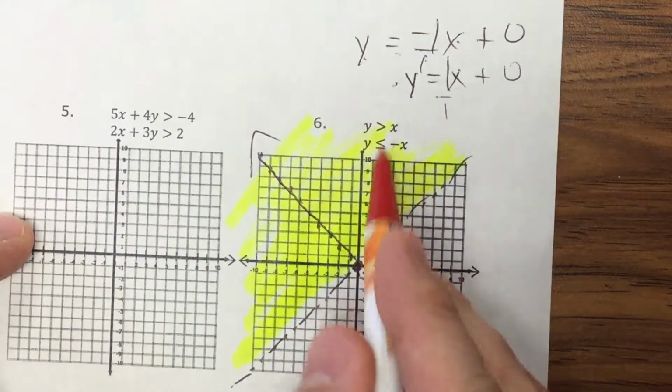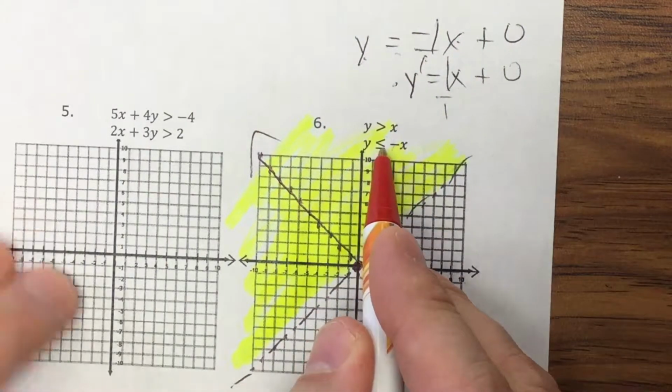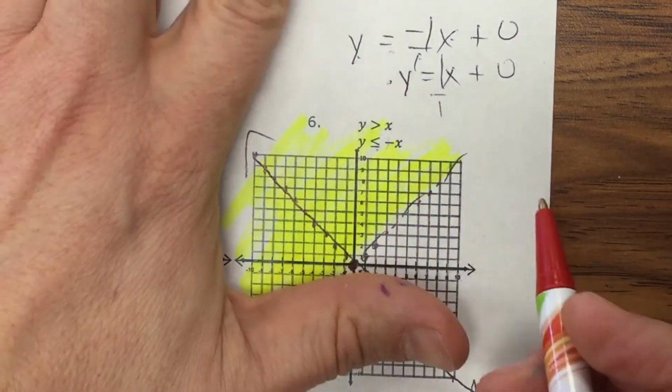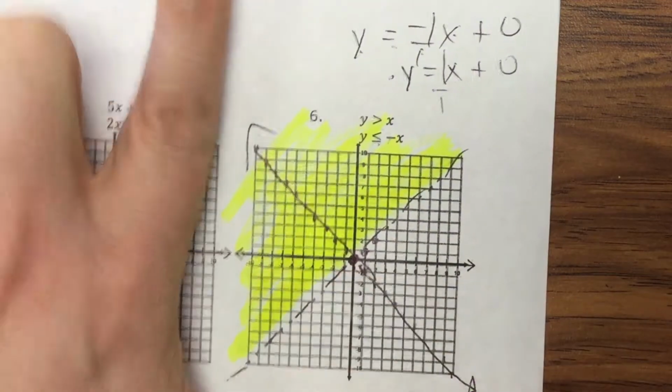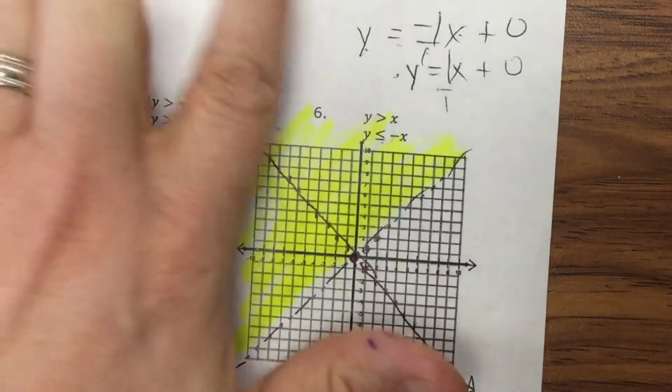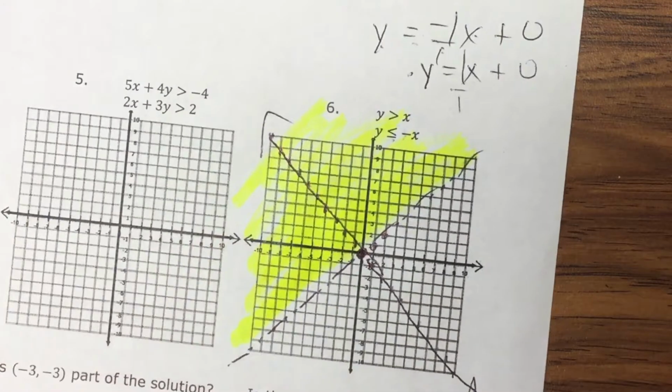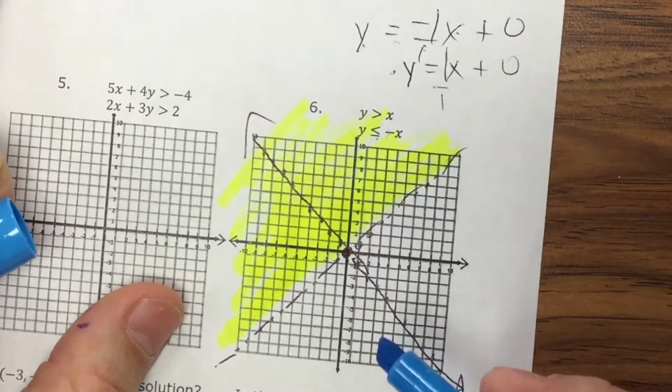And this shading is below because that is a less than, makes an L. Right, my hand's making an L. The less than is an L. It's lower. The shading is lower. So use a different color and shade below that line.